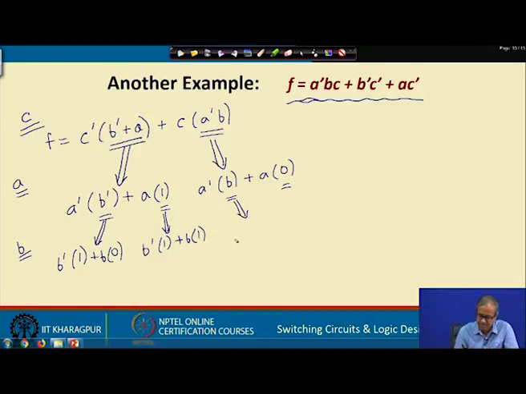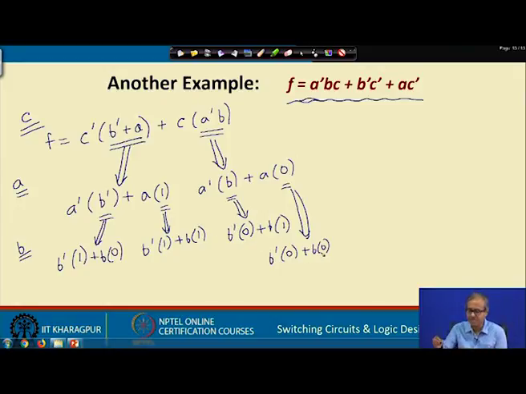And for B, it will be B bar, replace B by 0, this will be 0, plus B, replace B by 1, this will be 1. And for 0, this will be B bar into 0 plus B into 0. So, now we have 1 0 1 1 0 0 0 0.